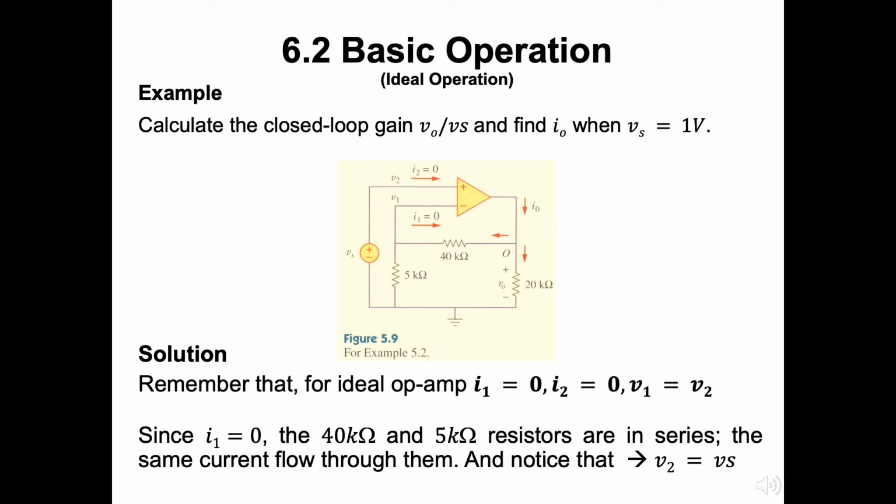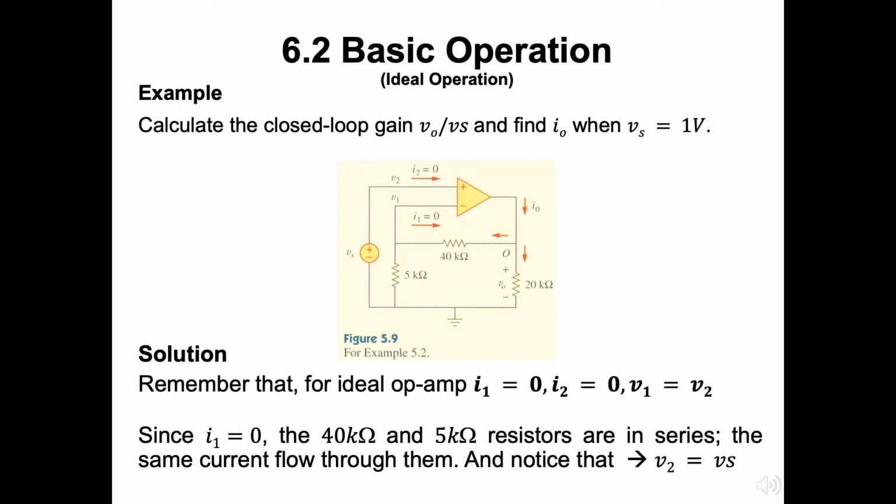We need to calculate the closed-loop gain VO by Vs and find the output current I0 when the Vs is 1 volt. OK. In the ideal op-amp, we need to remember two things: the current and the voltage. Both input currents I1 and I2 are 0. And both V1 and V2 are equal.